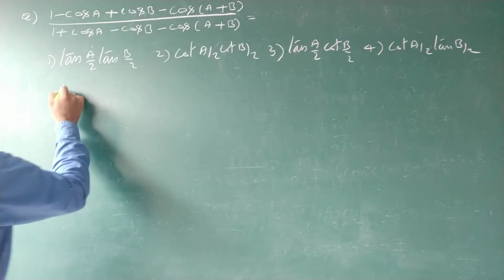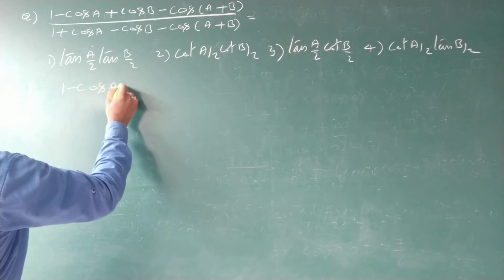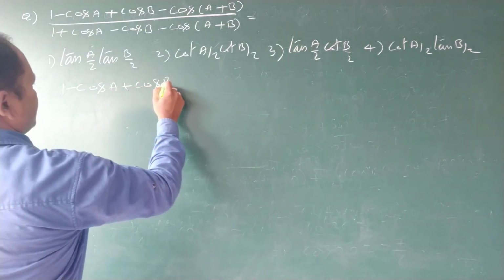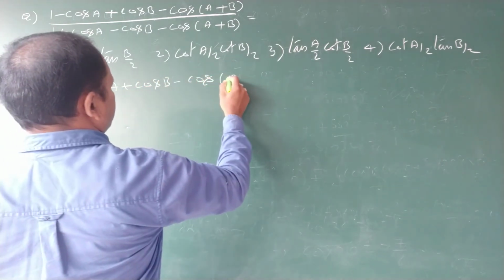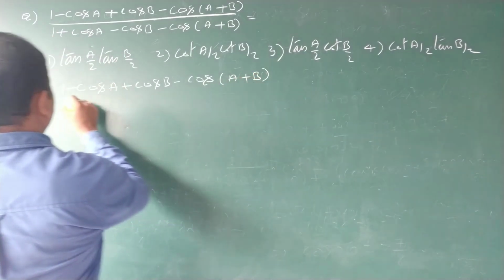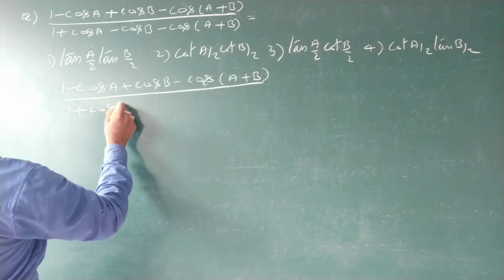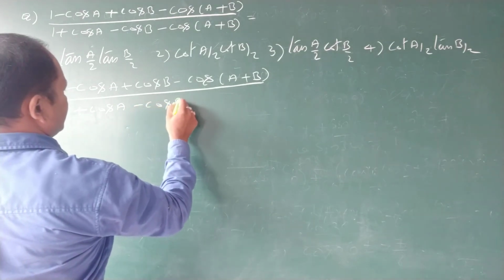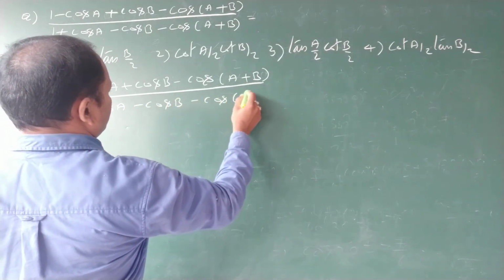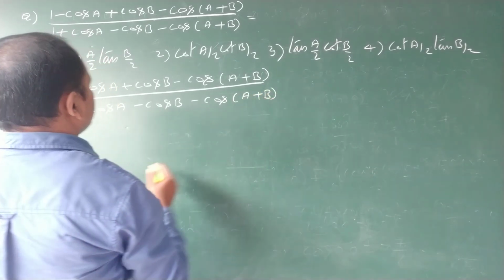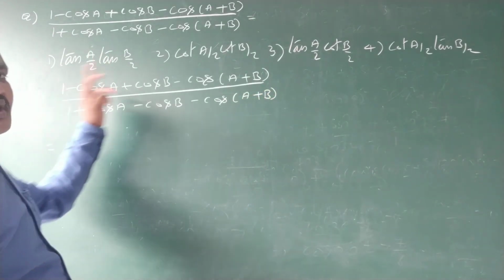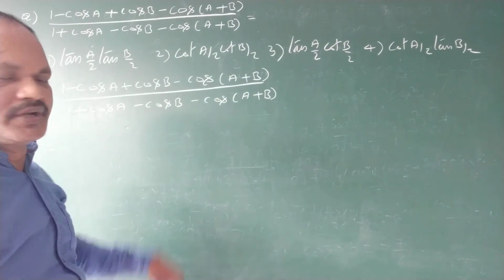So this is taken as 1 minus cos A plus cos B minus cos of A plus B, whole divided by 1 plus cos A minus cos B minus cos of A plus B. Now we have to rearrange the terms in both the numerator and denominator.